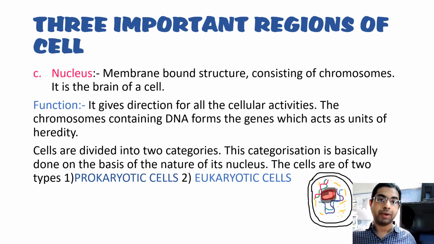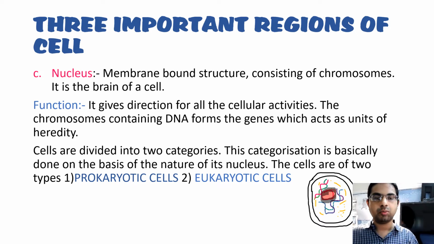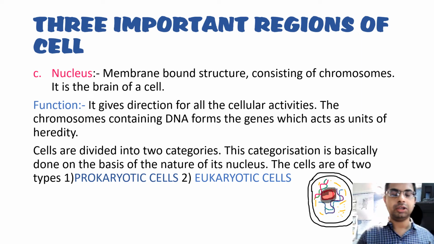It is the brain of the cell, and its function is to give direction for all the cellular activities. That is, all the cellular processes are governed by the nucleus. The chromosomes containing DNA form the genes, which act as the unit of heredity.